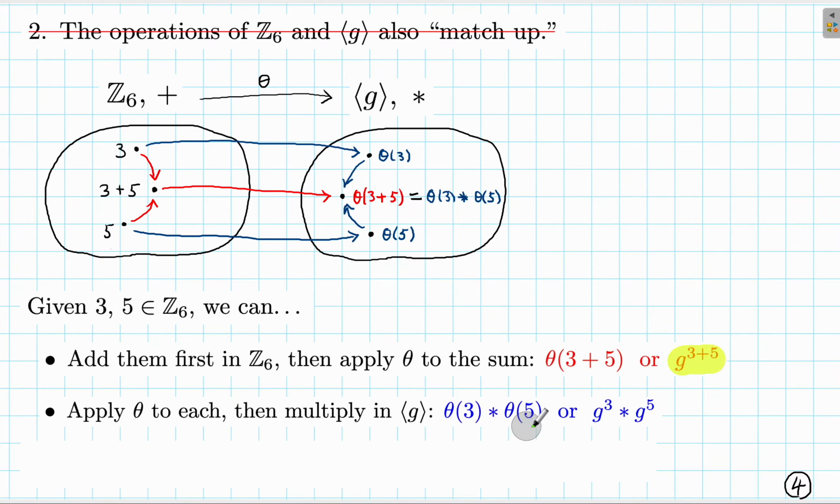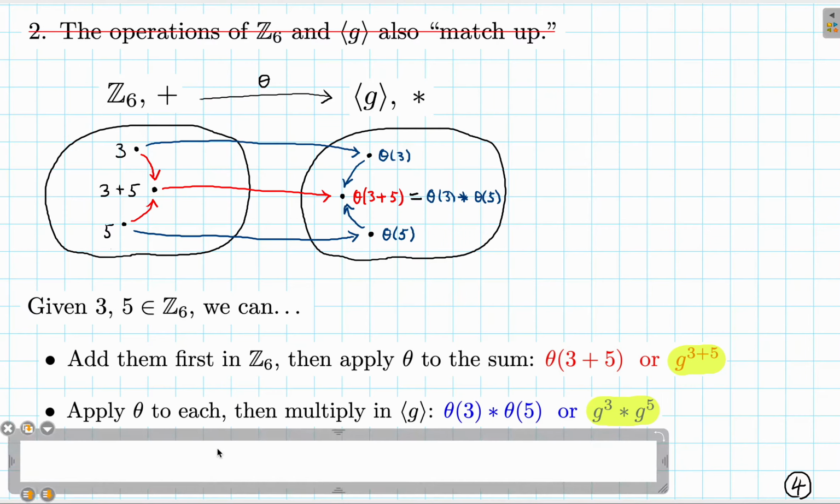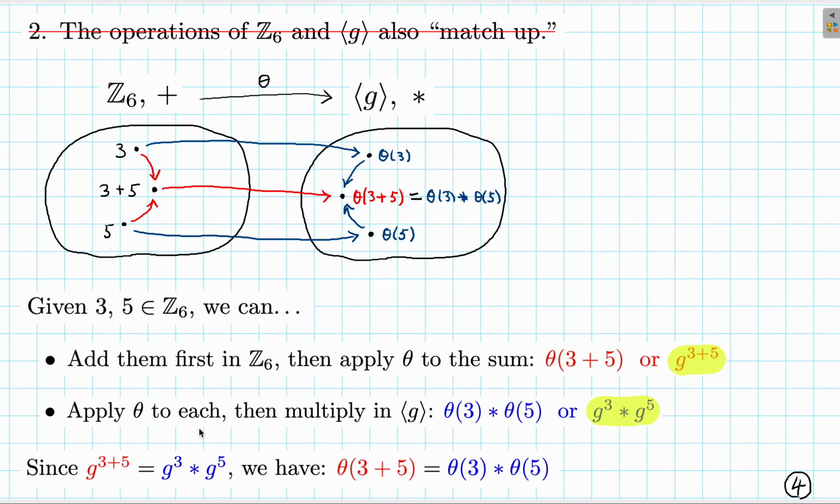Theta of 3 times theta of 5 is g to the third times g to the 5th. And we know from the law of exponents that those two are the same. And so we end up with this beautiful relationship right there. Theta of 3 plus 5 is equal to theta of 3 times theta of 5.